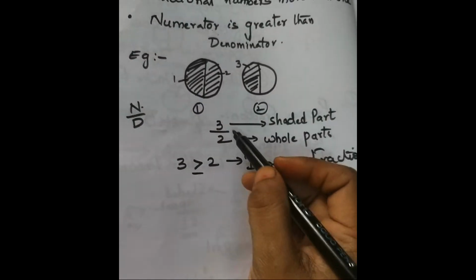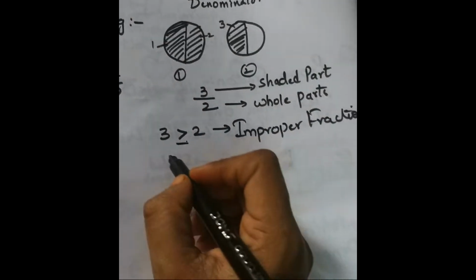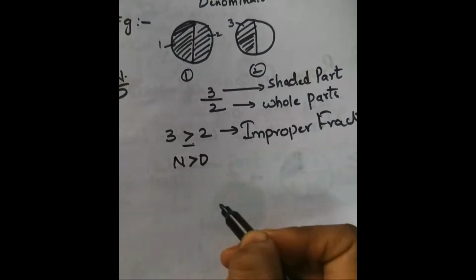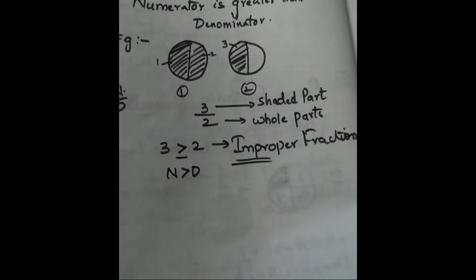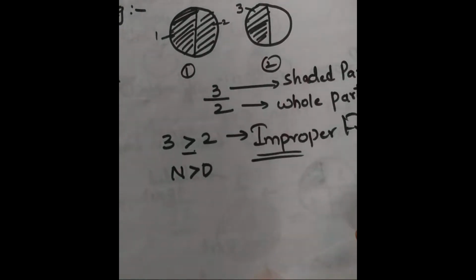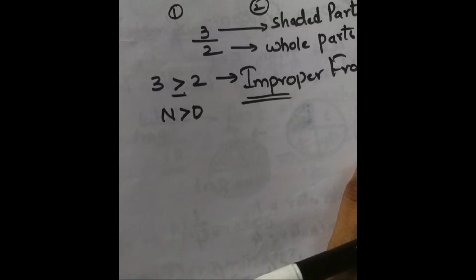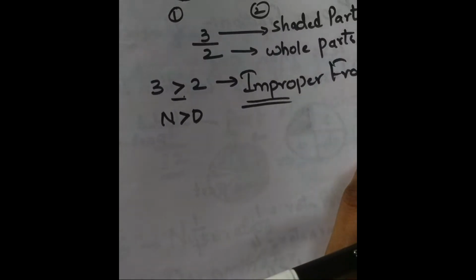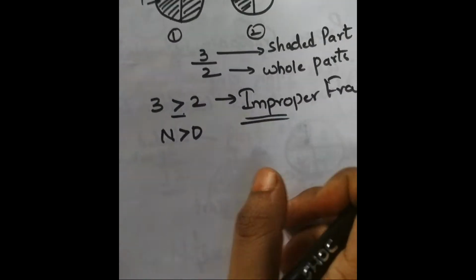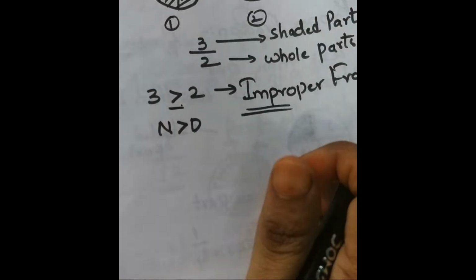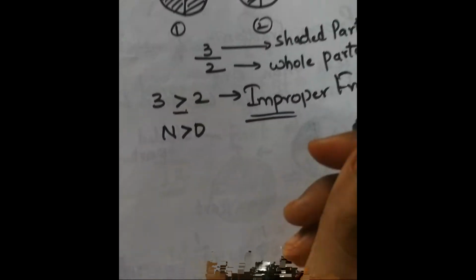But here numerator is greater than denominator, so this is identified as an improper fraction. Like this, we have to check whether the denominator is greater than the numerator or not.